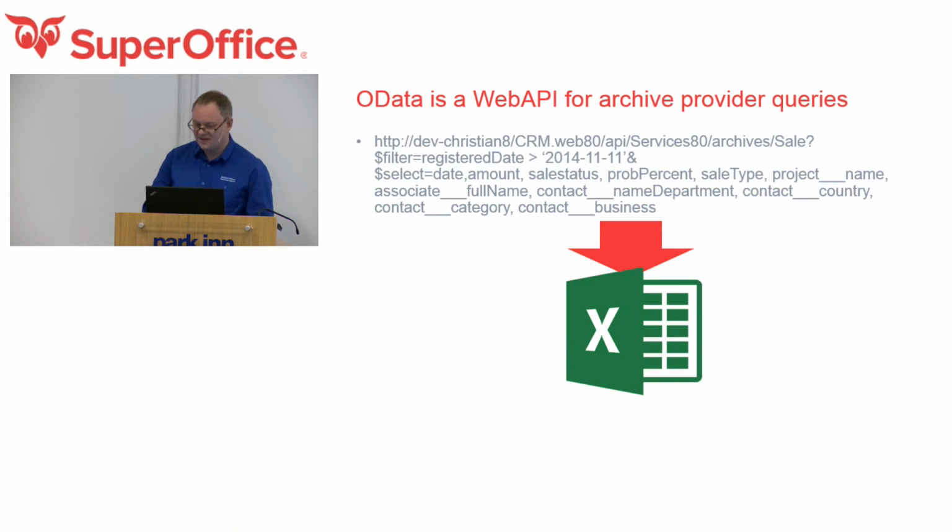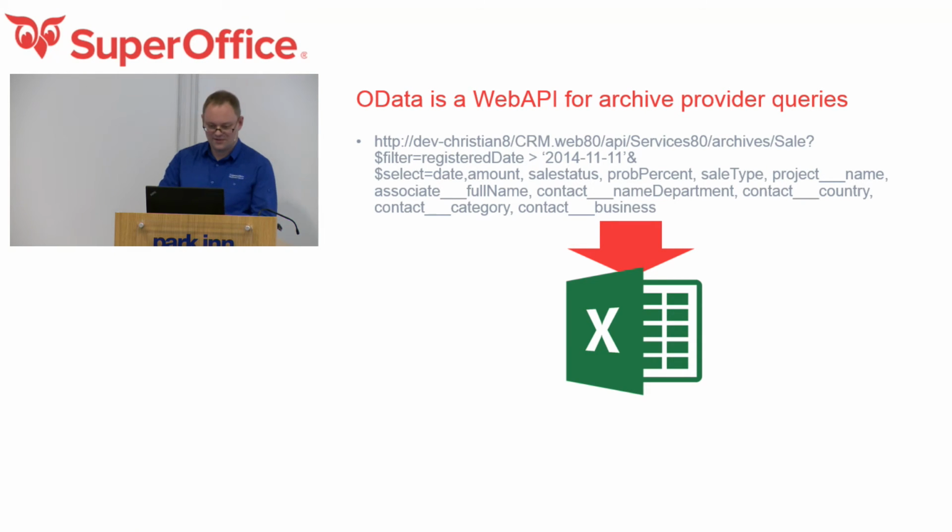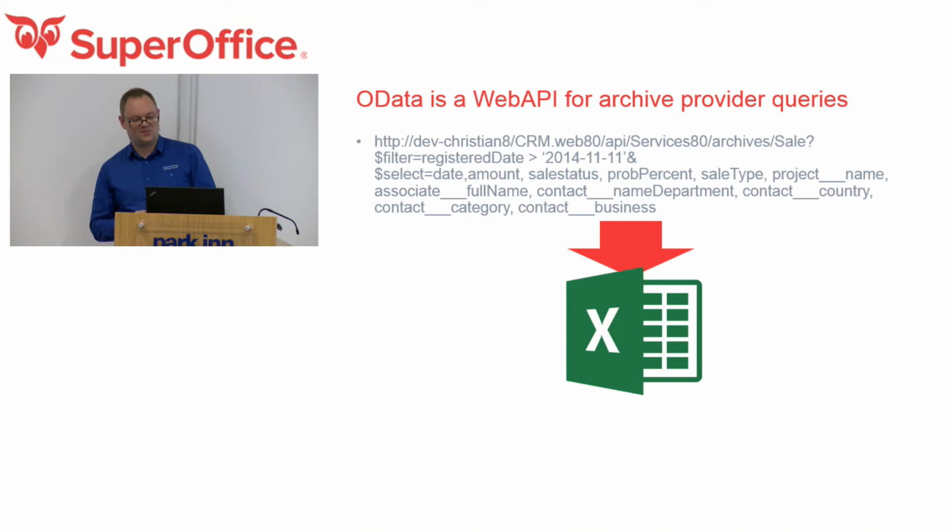So this OData thing is basically Microsoft's attempt to standardize this query language for URLs. So here, for example, I'm saying, give me the sale archive, but give me only the sales registered after 2014-11-11, and give me these columns: date, amount, sales status, probability percent, and so on.